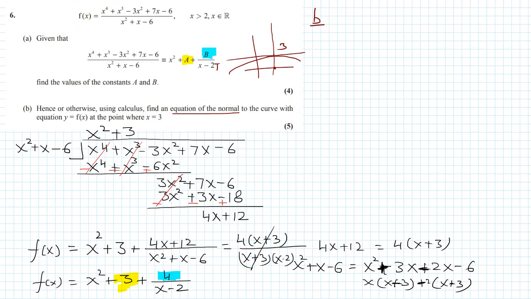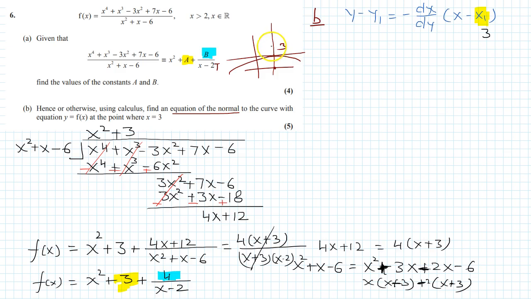For the equation of a normal, y minus y1 is equal to minus dx over dy times x minus x1. Now it's saying x1 is 3 for this curve.